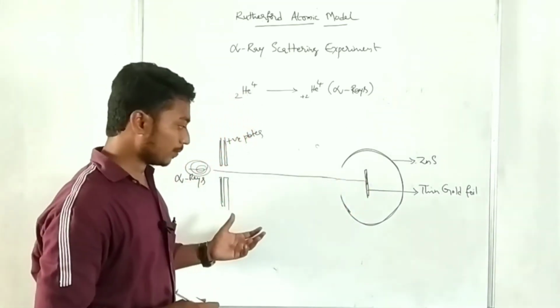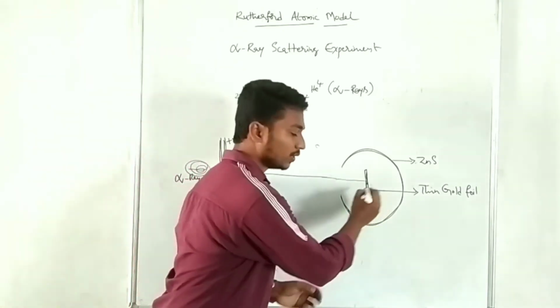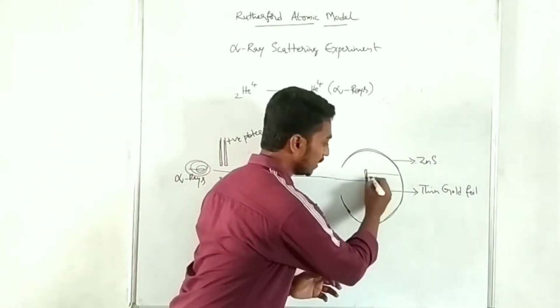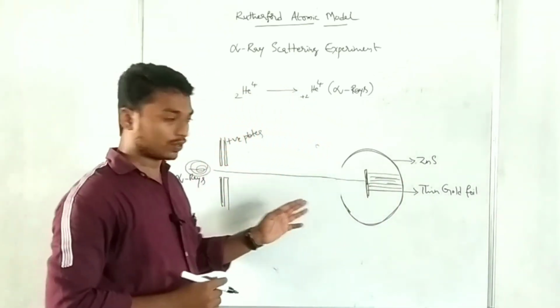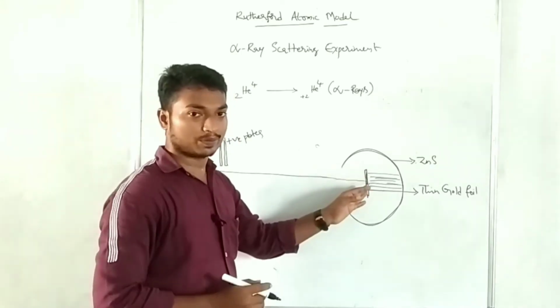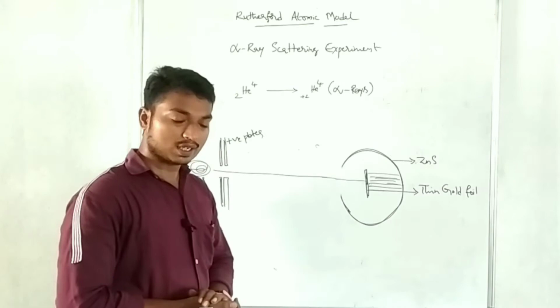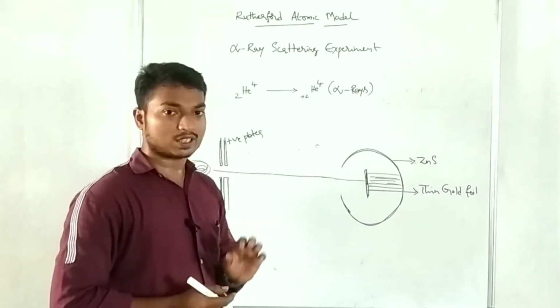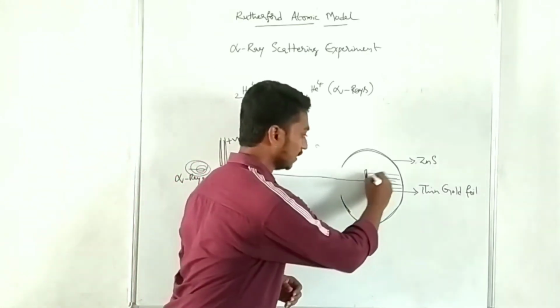In this experiment, he observed that so many rays were going straight through without any deflection. So many alpha rays were going through this gold foil without any deviation. He also observed some of the rays were deviated very slightly.